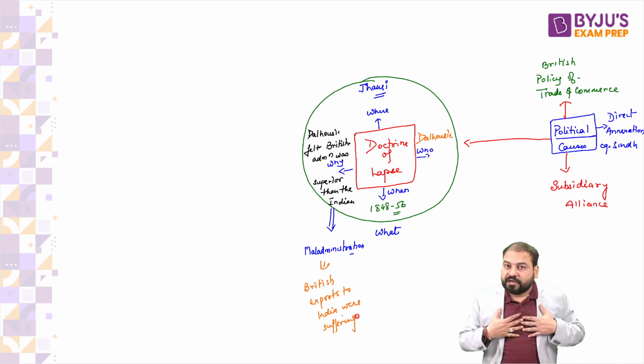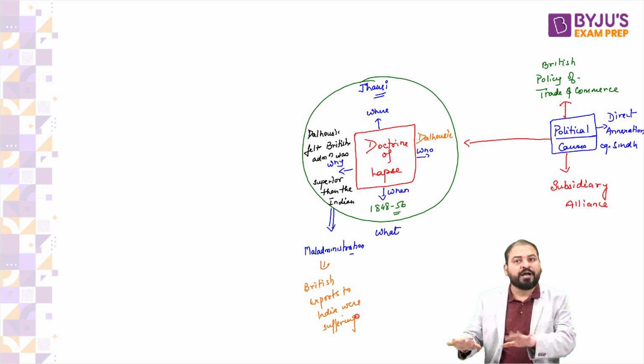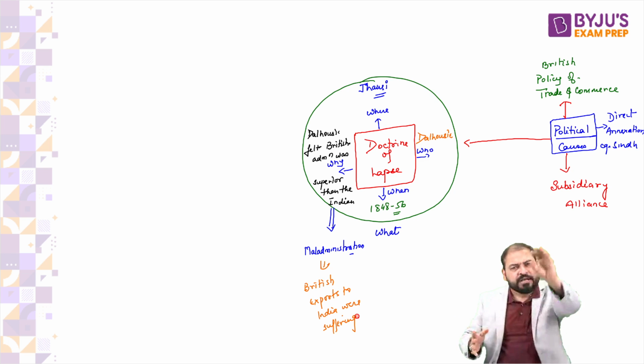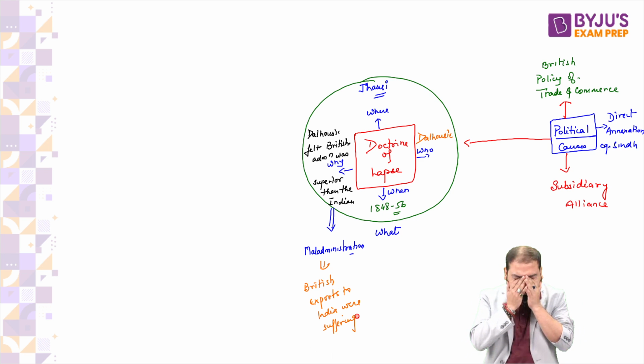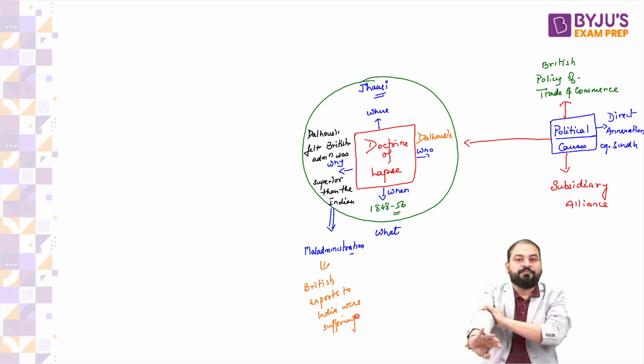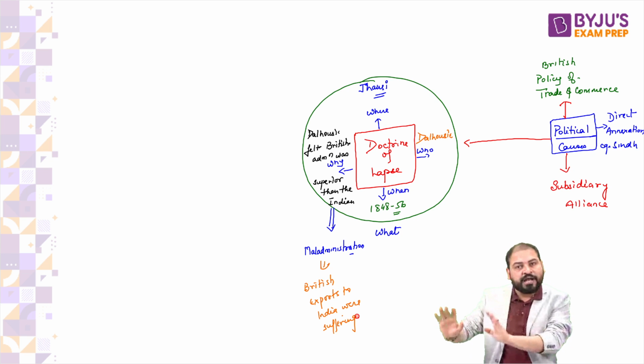Let's say I'm Dalhousie and let's take example of Anurag. Anurag is an Indian ruler, or forget Anurag, take example of Wajid Ali. Don't take example of Wajid Ali Shah. Take example of Anurag only. Let's say Anurag is an Indian ruler and I'm Dalhousie. So in my opinion, Anurag is a bad ruler.